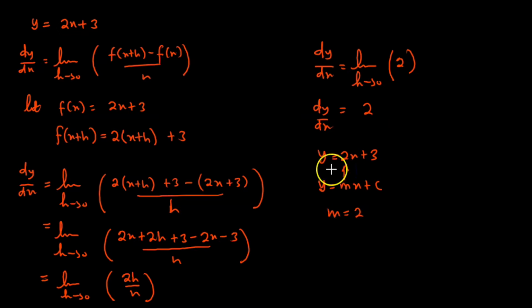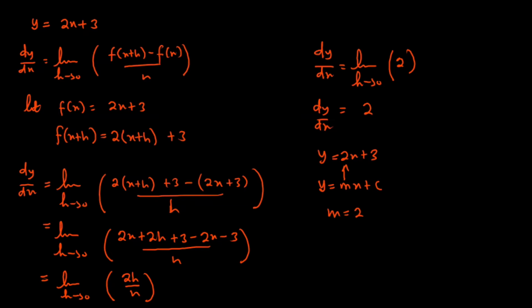So from first principle, we've also established that the gradient on a line is constant. And per the first example we've taken, we've seen that the gradient is 2.